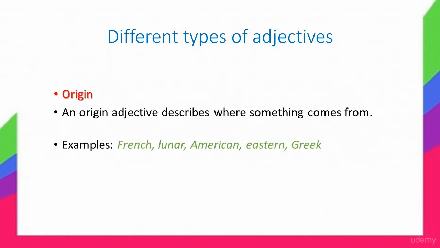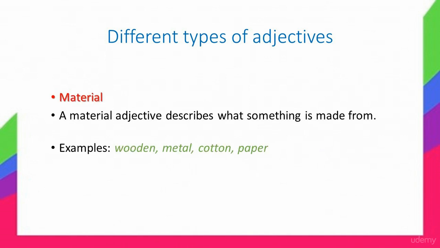Origin adjectives. An origin adjective describes where something comes from. Examples are French, lunar, American, Eastern, and Greek. Material adjectives. A material adjective describes what something is made of.